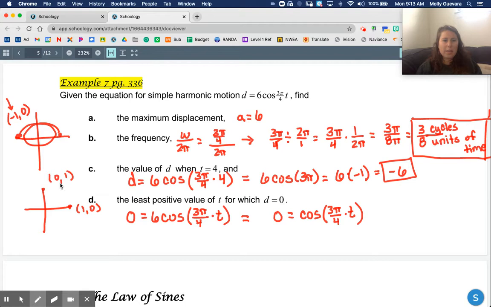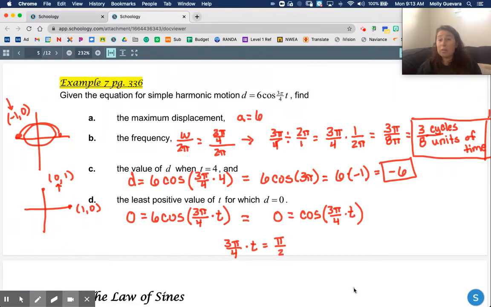So this is the smallest value when my x coordinate is 0, is at pi over 2. So that tells me that 3 pi over 4 times t has to equal pi over 2. Whatever's in that parenthesis has to be pi over 2.